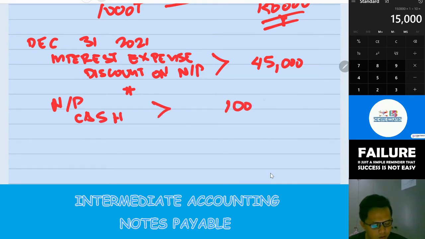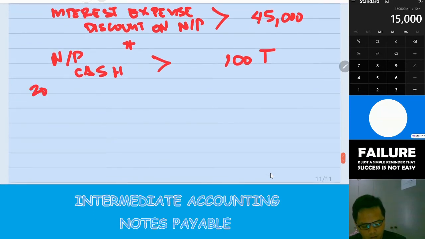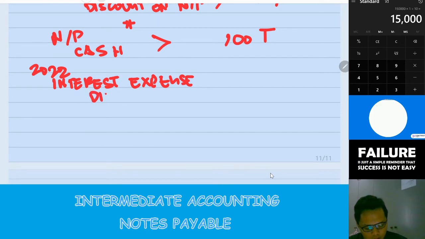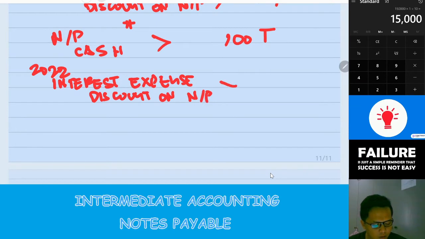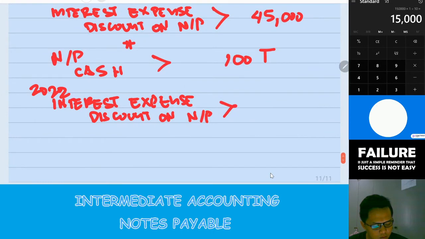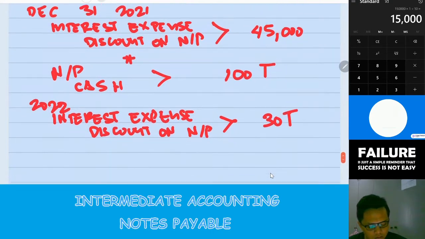Again, 100,000. Okay? On 2022, still at December 31, debit interest expense pa rin, credit discount on notes payable, let's say, magkano ngayon? 30,000.